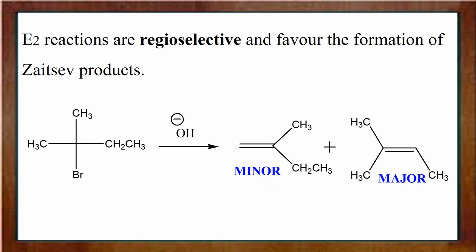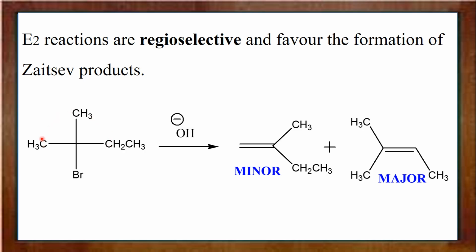E2 reactions are regioselective, and they favor the formation of Zaitsev products. So in this molecule, 2-bromo-2-methylbutane, the carbon bearing bromine is called the alpha carbon, and with respect to the alpha carbon, here is a beta carbon, and this is also a beta carbon, and this is one more beta carbon.